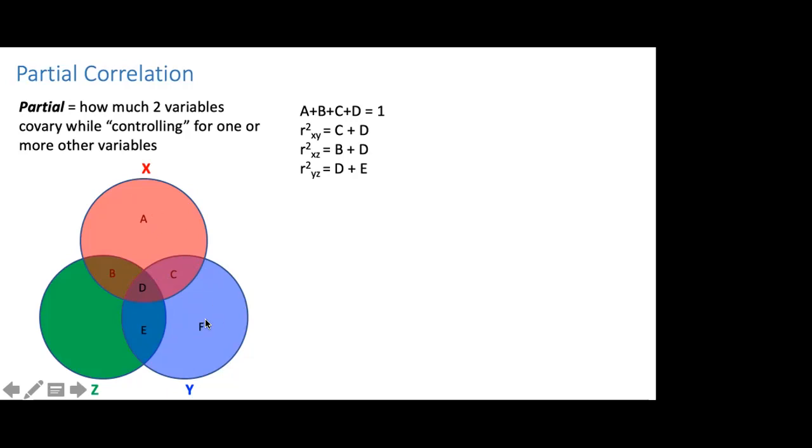And the other way around, how much of the variability in X that is not already explained by Z can be explained by Y?